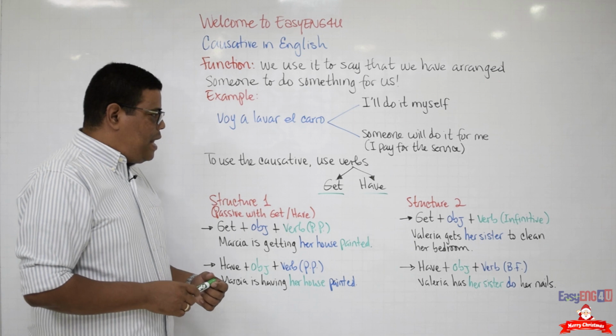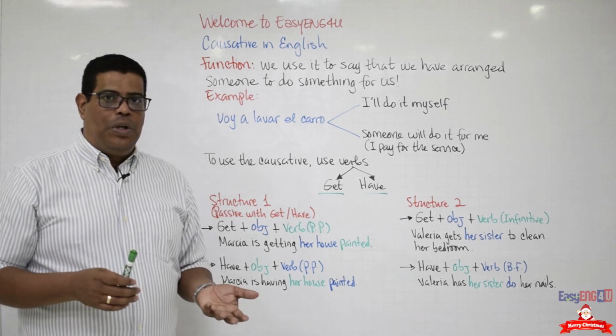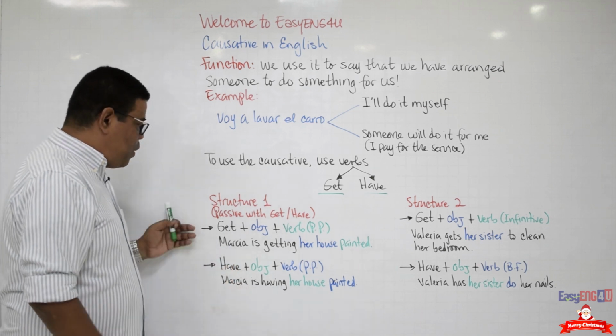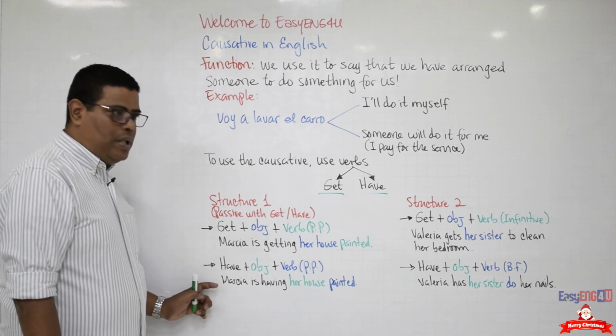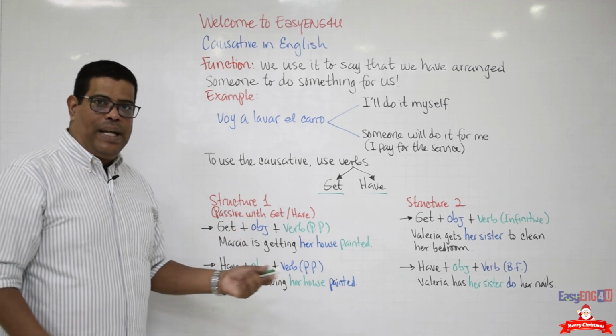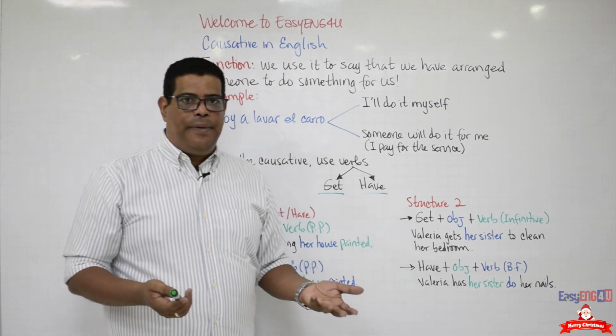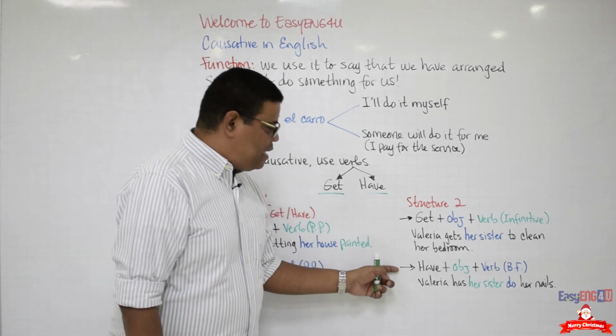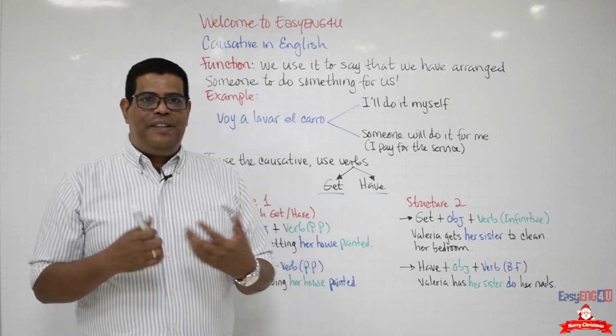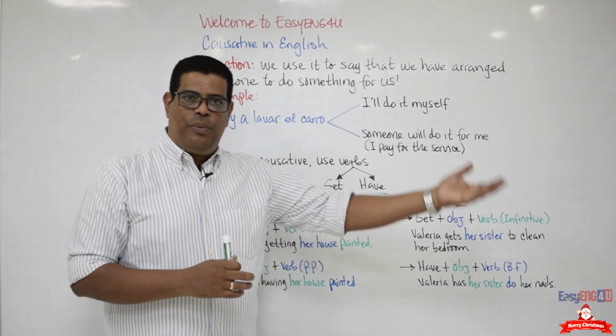Okay, what happens with structure number two? It changes. In number one, both verbs after the object are followed by another verb in the past participle. But in the second structure, the verb get and the verb have will be different because of the following verb.